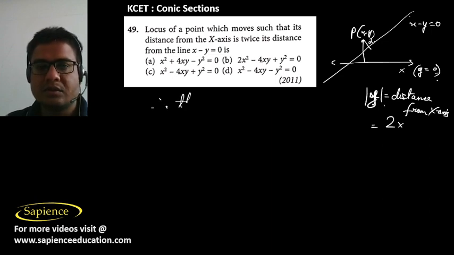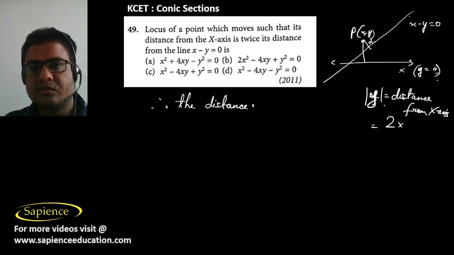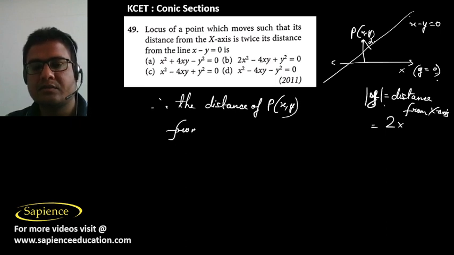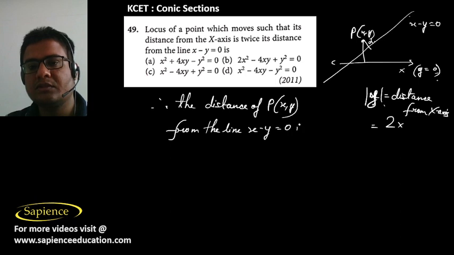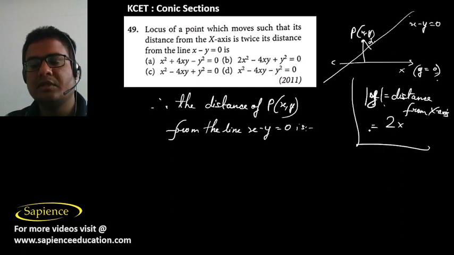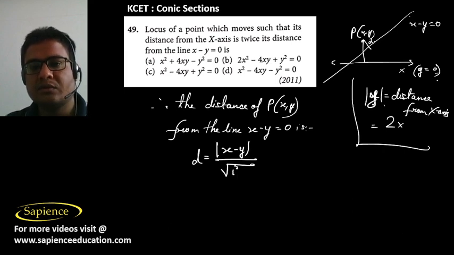So the distance of the point P (x, y) from the line x minus y equal to 0 is given as d, that is equal to mod of x minus y by square root of 1 square plus 1 square. So d will be equal to mod of x minus y by root 2.